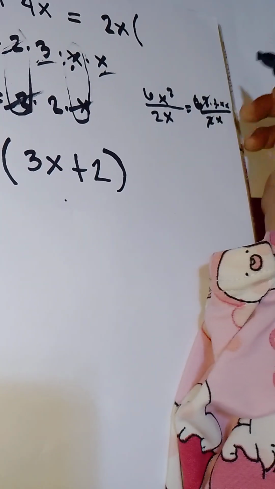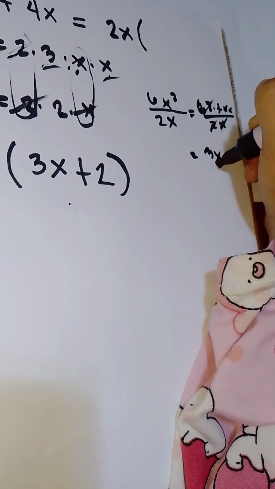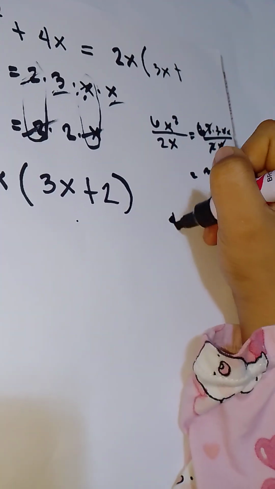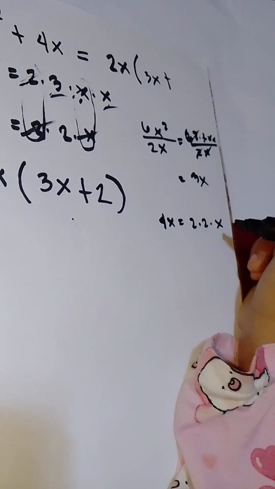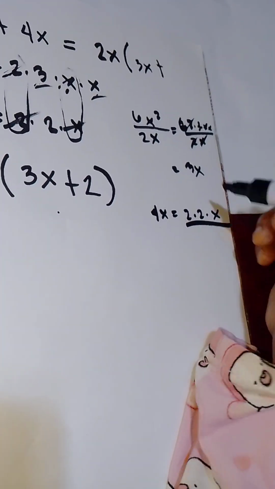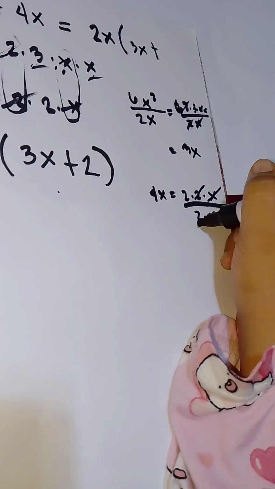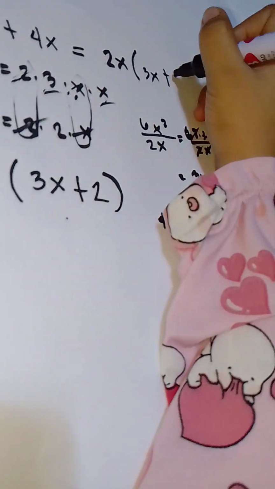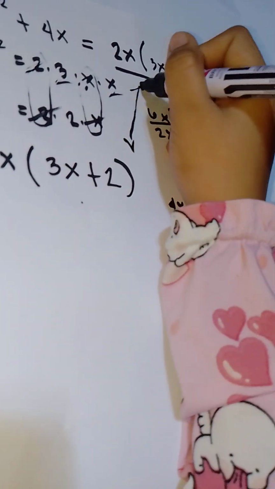We'll get 2, cancel one x. What remains is 3x. And then the same with 4x. It is equal to 2 times 2 times x, divided by the common factor 2 times x. Cancel, what remains is 2. So they are just the same.